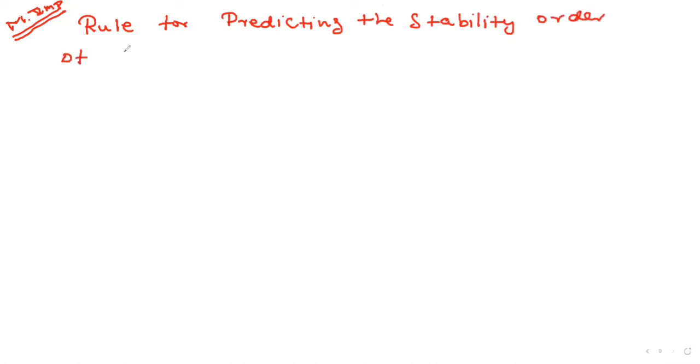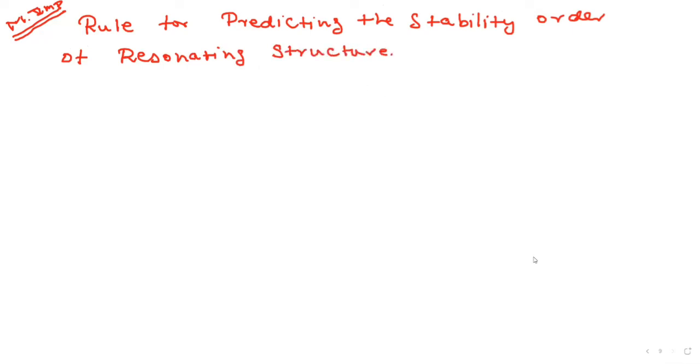The rule for predicting the stability order of resonating structures. Now see.